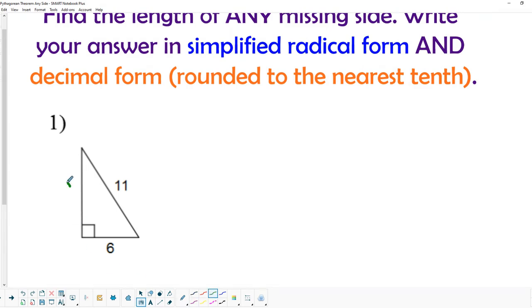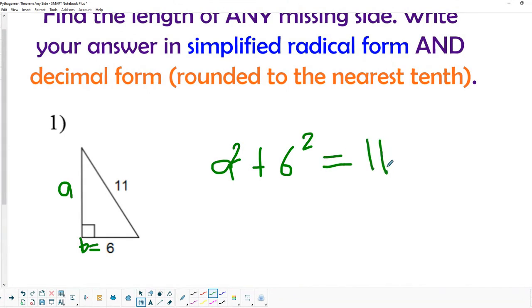I like to call this A for altitude, or up and down, and then B for the bottom. Then I set up my equation: a squared plus 6 squared equals c squared, or the hypotenuse squared.